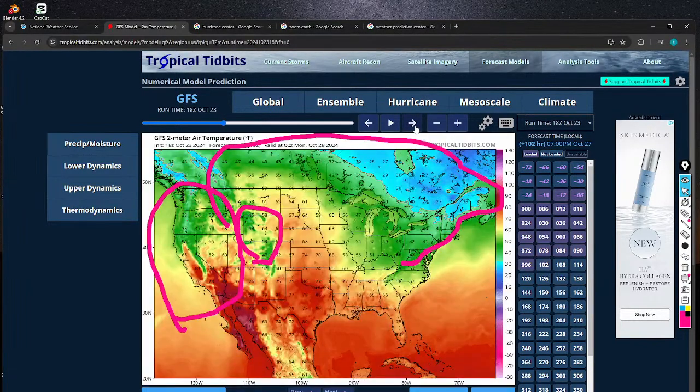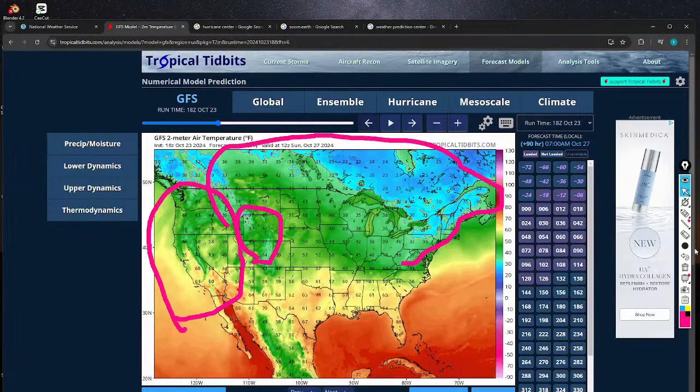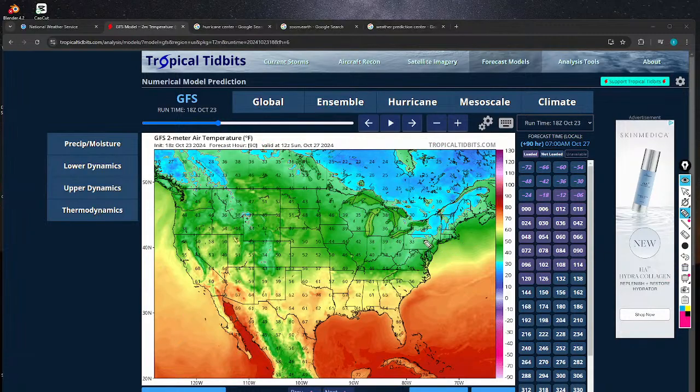And as we continue to play this model, you can actually see that it gets down to 33 in Canada, down all the way to 24, which is pretty low, but right now we're obviously talking about the states. It drops to 28 right here.